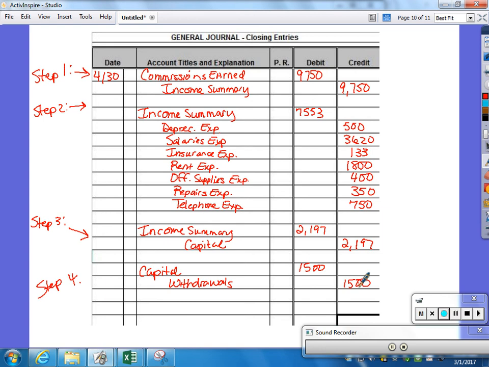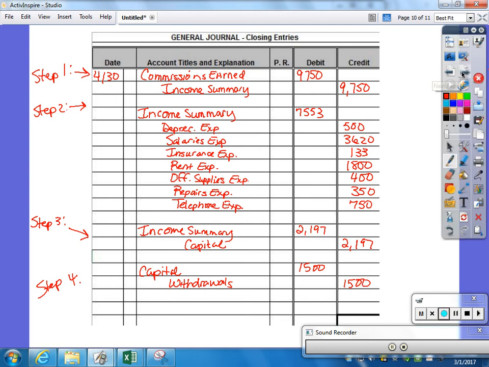So now the last final step is to do what? Post-closing trial balance, which is only going to include what accounts at this point? Permanent accounts, because we closed out all the temporary accounts.